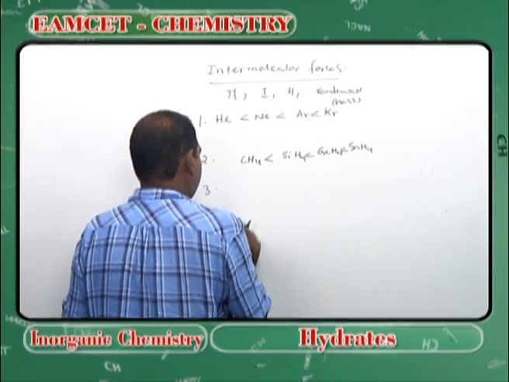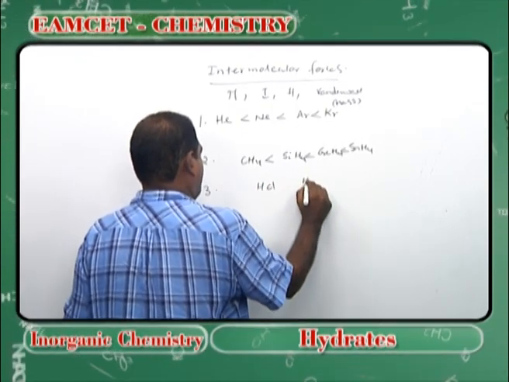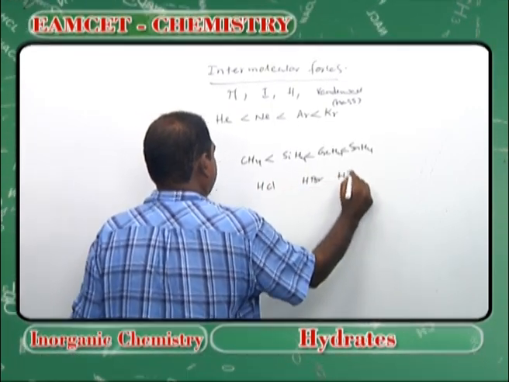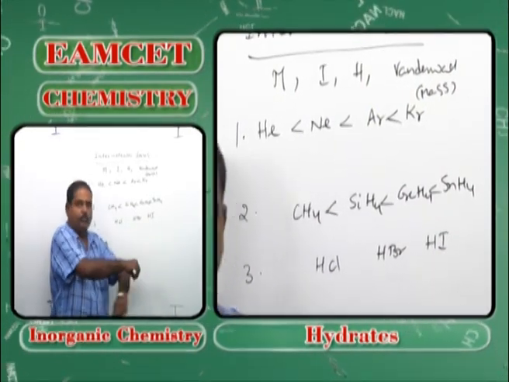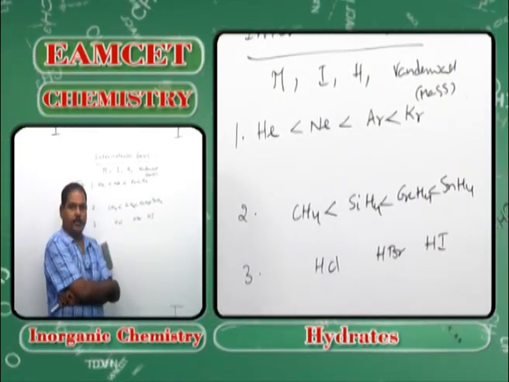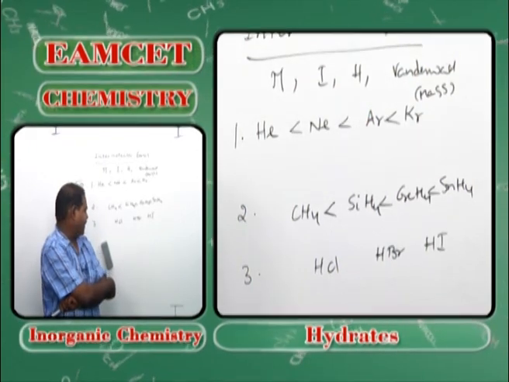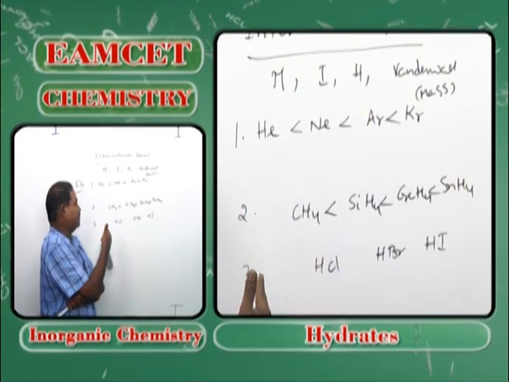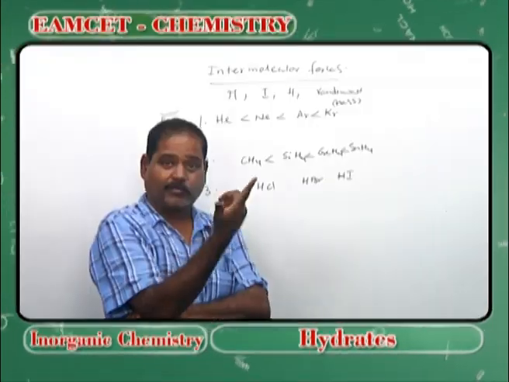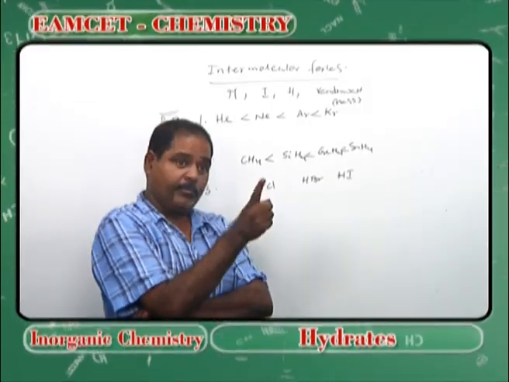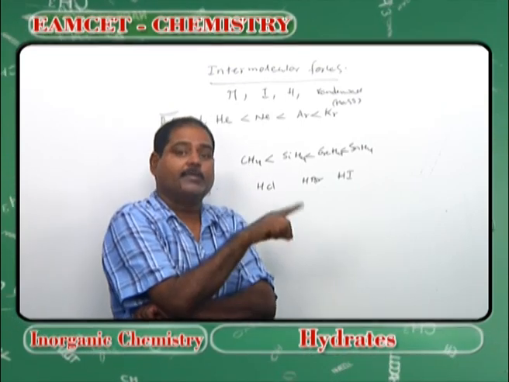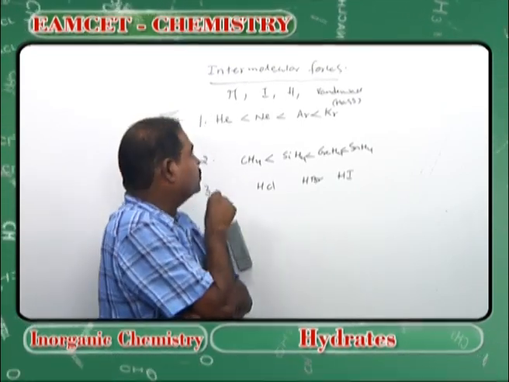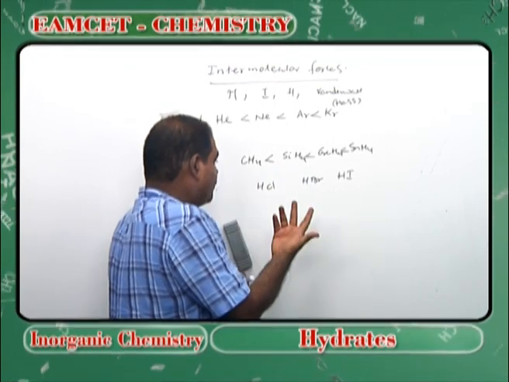Third: HCl, HBr, HI. Boiling point of these 3. Once again, are they metals? Are they ionic? There is no metal. For somebody to be ionic, the presence of a metal is a must, right? Do you have hydrogen bond?